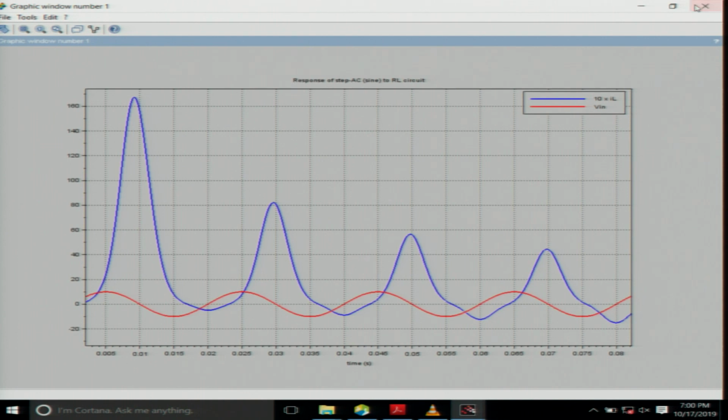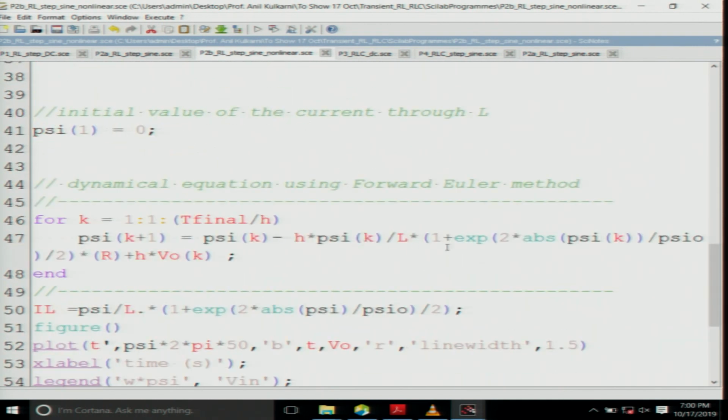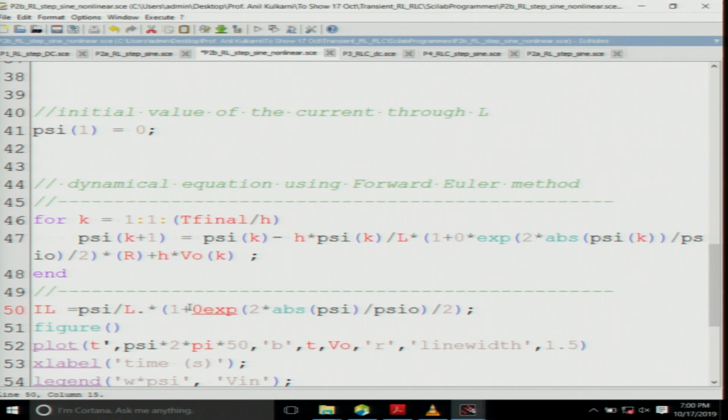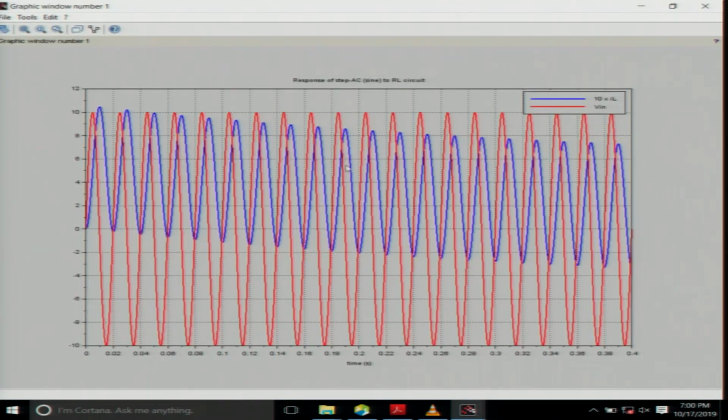Now, in case I did not have this nonlinearity, can we just go back, and we will just cancel out this nonlinearity by multiplying it by 0. And if you rerun this program, the current is much less, in fact it is almost 10 times less.